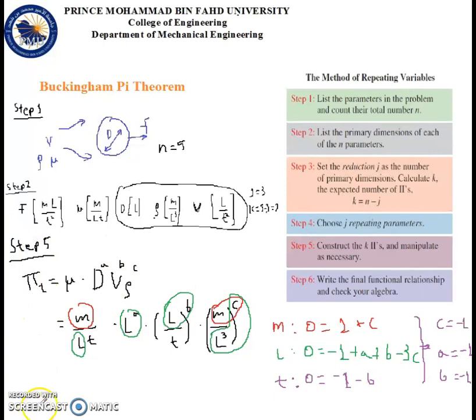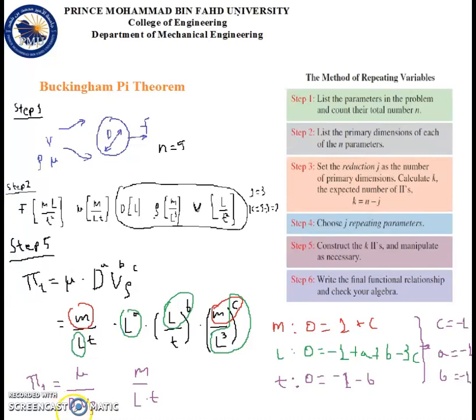Now our pi 1 can be rewritten as pi 1 equals μ over dvρ. At this stage, we need to check that this parameter pi 1 is non-dimensional. So units of viscosity are mass over length multiplied by time.